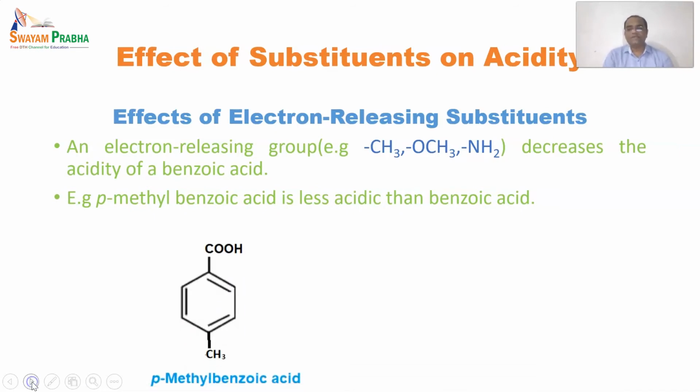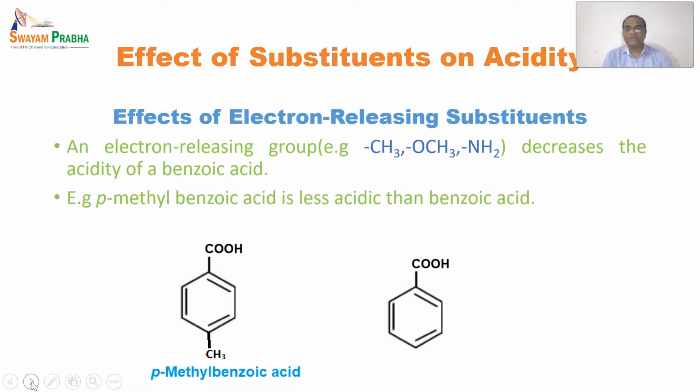The case here is that it donates electrons towards the aromatic ring, and that is why it destabilizes the ring, or we can say it destabilizes the charge on this oxygen, the negative charge that has formed after donating a proton. Methyl benzoic acid is less acidic than benzoic acid.